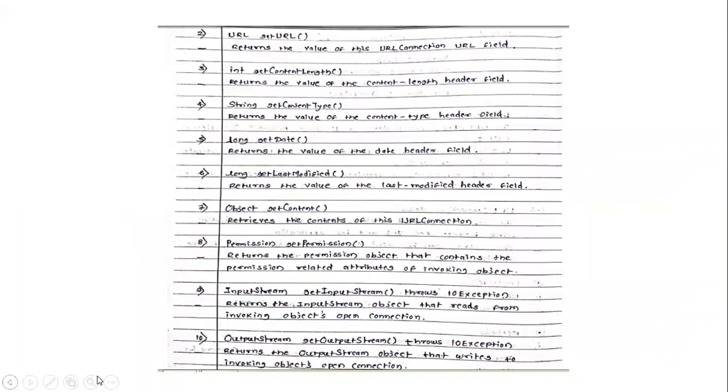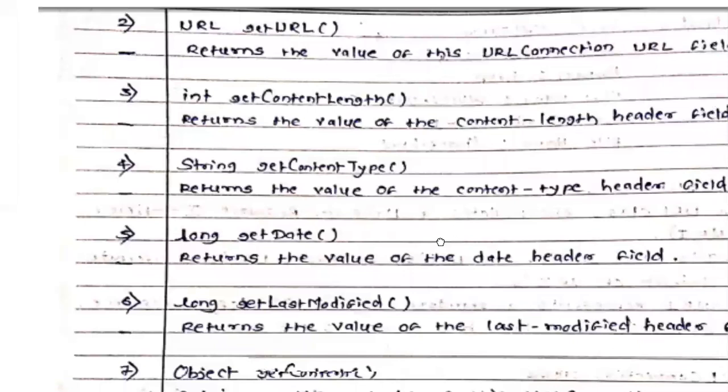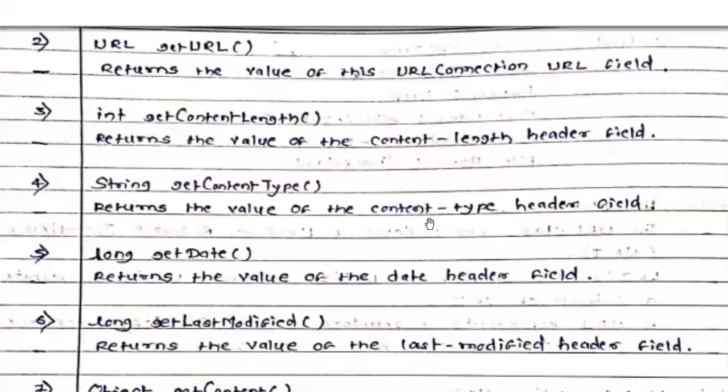Next is URL getURL. By using this method, it returns the value of this URLConnection's URL field. Then int getContentLength returns the value of the content-length header field.